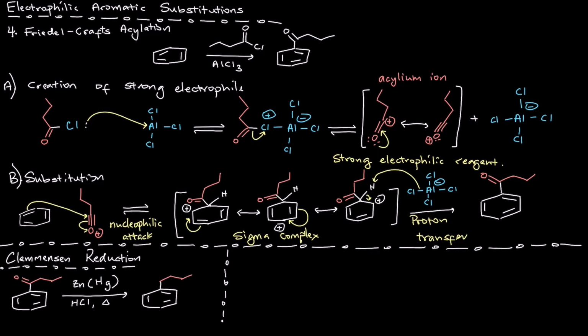So this is called a Clemmensen reduction. You can take your alkylphenone product that we just formed, and you can treat that with zinc in mercury in the presence of HCl and heat. And so this will completely lop off that oxygen and then replace it with 2 hydrogens at that benzylic position.